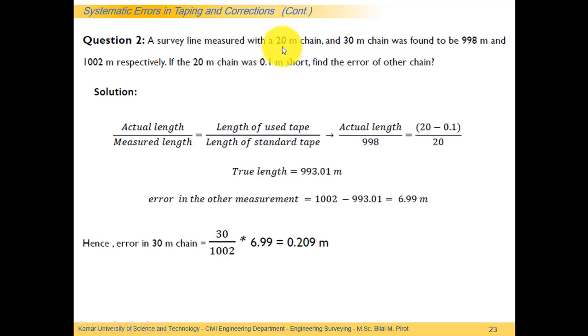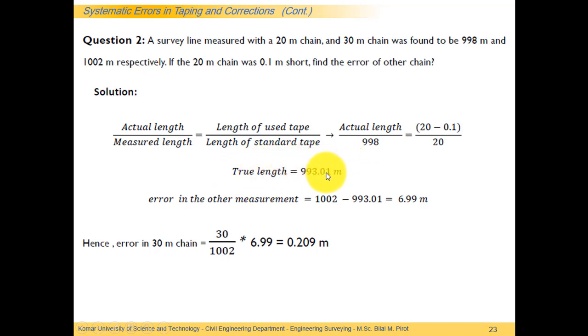The first tape is 20 meters standard, but it was 0.1 meter shorter. So you have to say 20 minus 0.1, because the actual length of the used tape is not 20, it is 20 minus 0.1, divided by the length of the standard tape. The standard tape is exactly 20. So the actual length will be equal to 993.01. This is the true length of the line in the field.